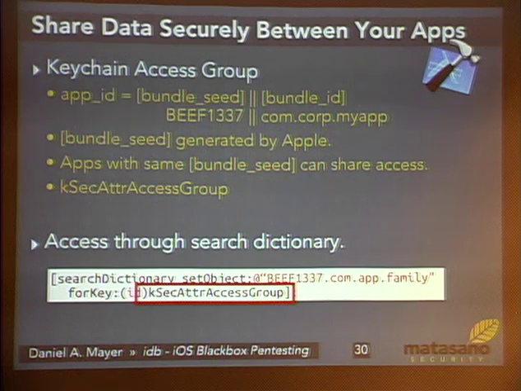So in order to share data between things, you can set this kSecAttrAccessGroup parameter on data which you're storing, and then any app which has, in this case, the beef1337 prefix can access that data. So that may be a good way if you need to share data between applications.